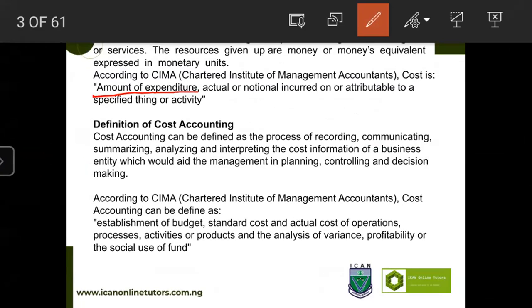That thing you are buying. One unit of it, the price of it is what we call what? Cost. That's why we call it amount of expenditure. Actual, whether it is measured in real or notional terms, or in units, that is spent or which can be spent on a specified thing or activities. That is how CIMA has defined cost.